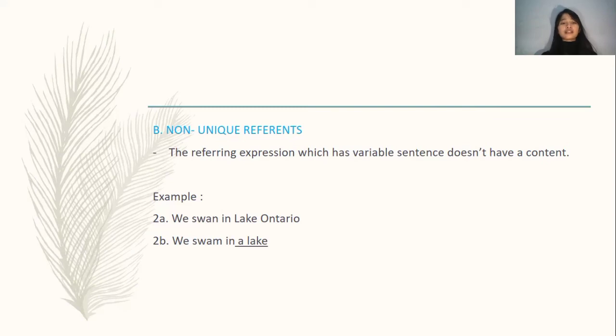For example, they swam in the lake. It is less informative: we don't know what lake or which lake. They didn't mention which lake. They just say that they swam in the lake.